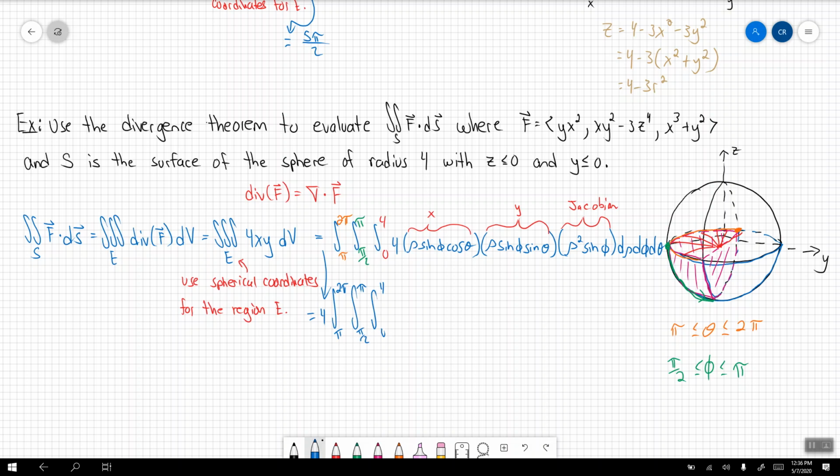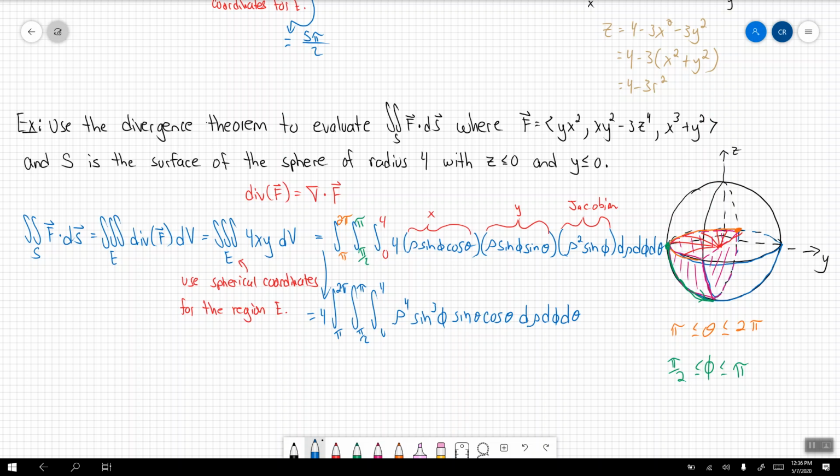We have 1, 2, 3, so that's going to be rho to the 4th. And then we have sine phi, and sine phi again, so that's going to be sine cubed phi. And then we have sine theta and cosine theta. And this is going to be d rho, d phi, d theta. There we are. Very nice.